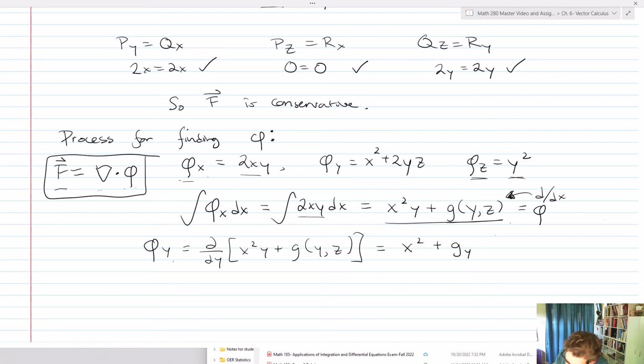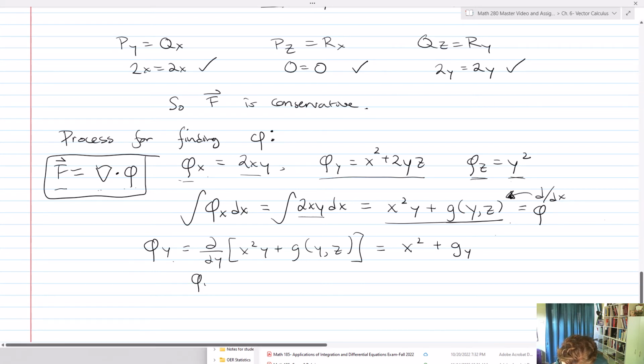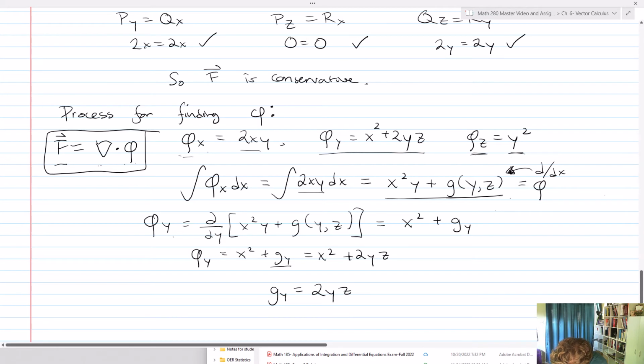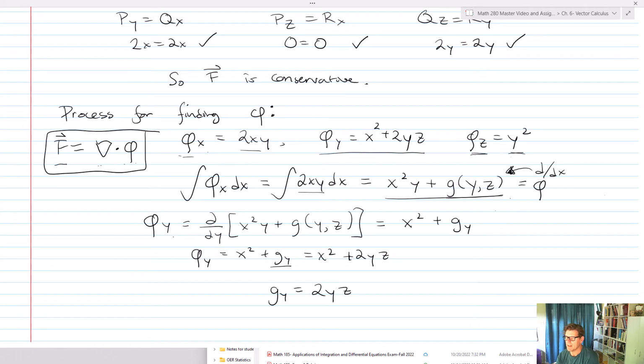Well, we also know that phi y equals x squared plus 2yz. So x squared plus gy equals x squared plus 2yz. A little algebra will then tell us that gy is going to equal 2yz.